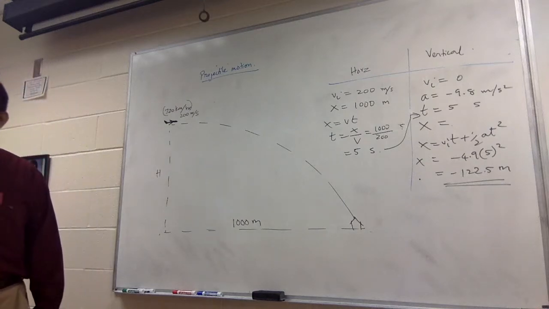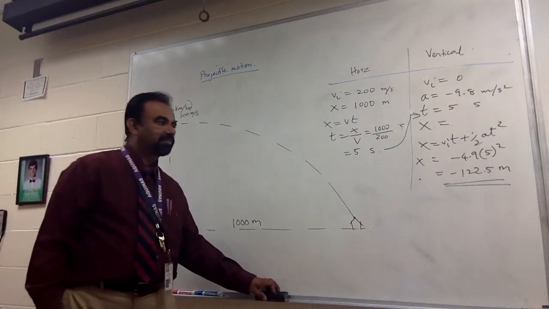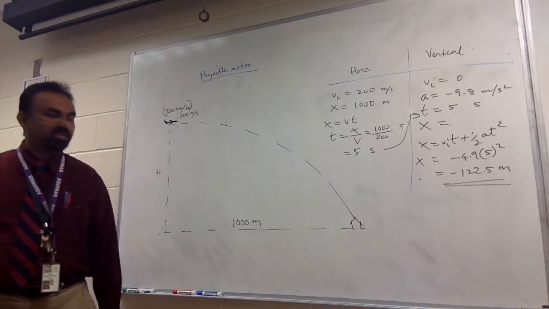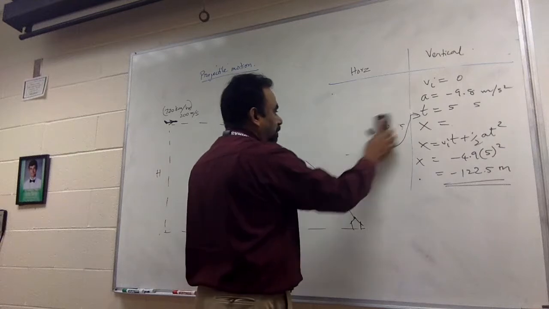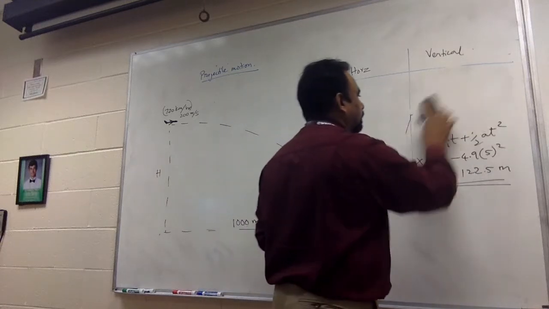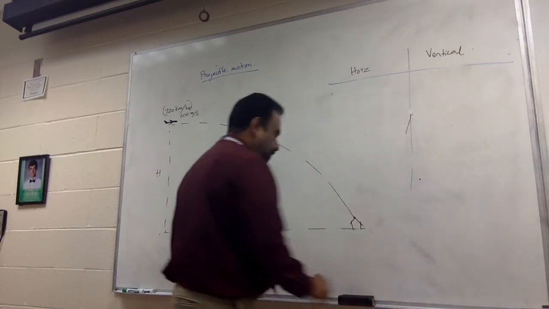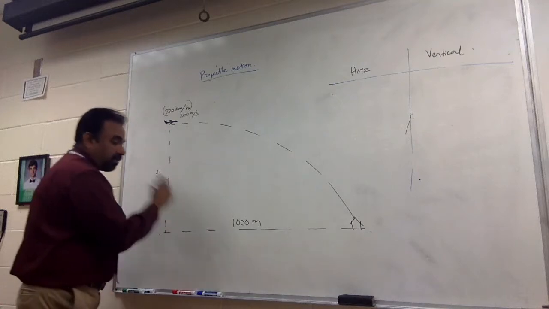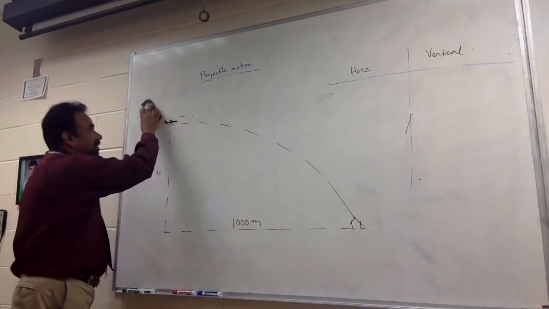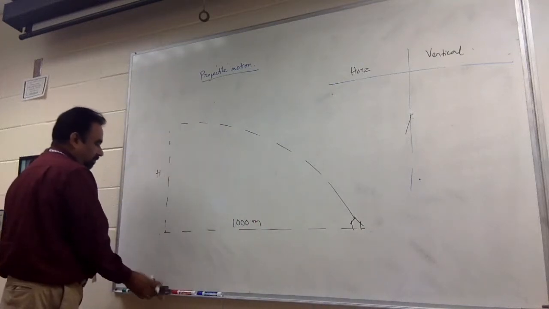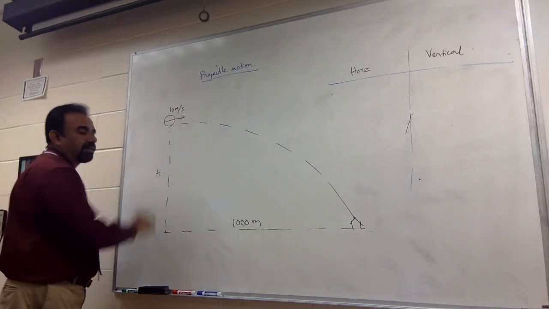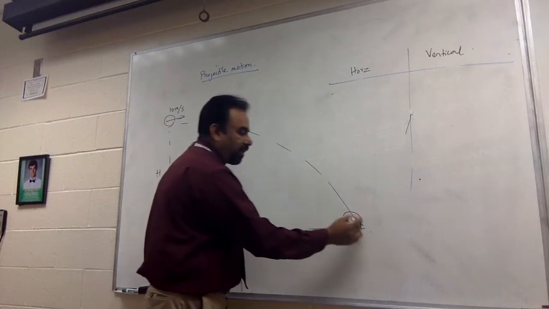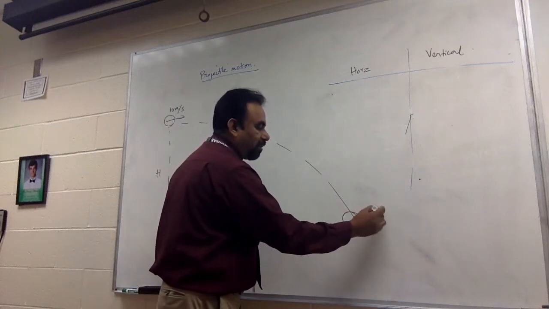No questions here? Good. Now going back to the previous problem. The previous problem was the bowling ball, right? The bowling ball rolling off at 10 meters per second, and when it lands over here, it's moving at 10 meters per second.